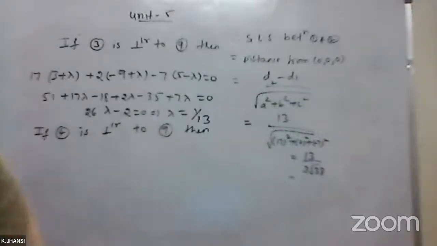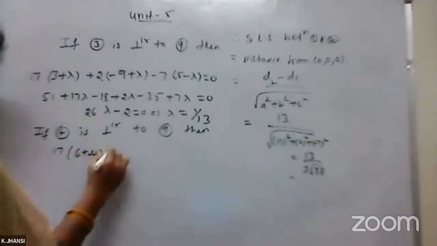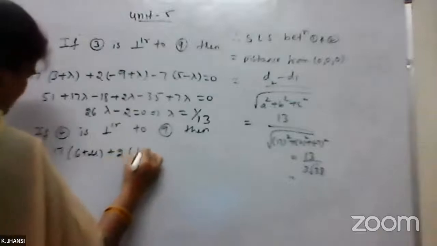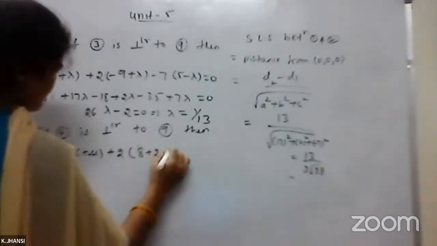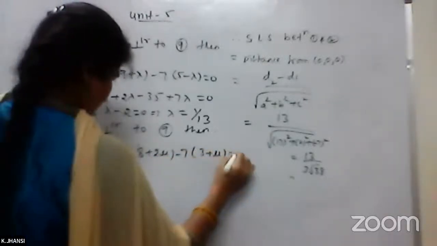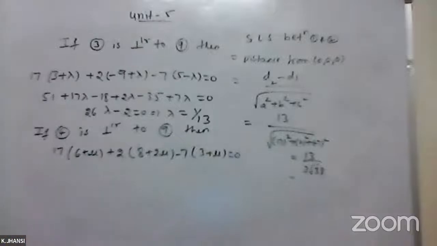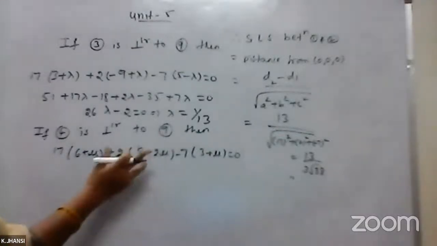So what are the coefficients of the fourth one? 17 into 6 plus mu, plus 2 into 8 plus 2 mu. Next we have minus 7 into 3 plus mu equals 0.